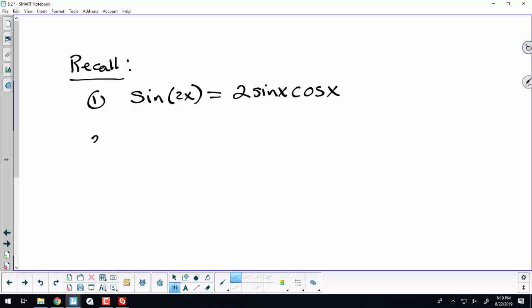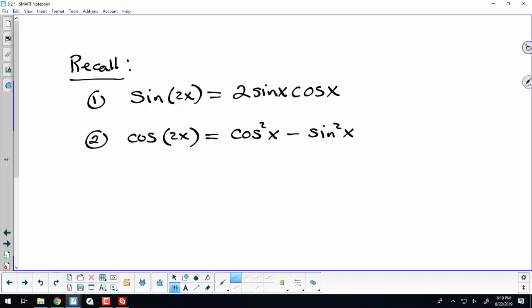The other one is for cosine of 2x. Does anybody remember either one of those three? Cosine 2x? Cosine squared minus sine squared. All right. If you can remember that one, then you can get the other two.